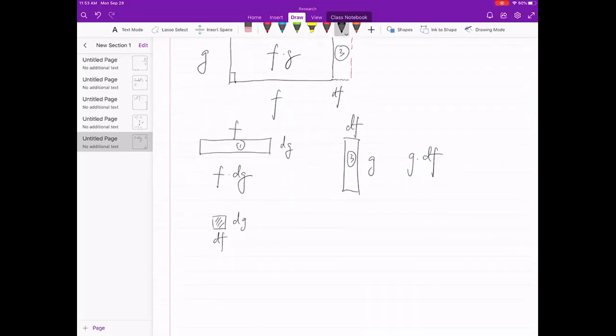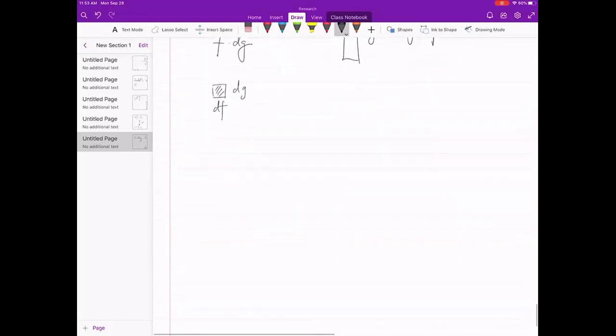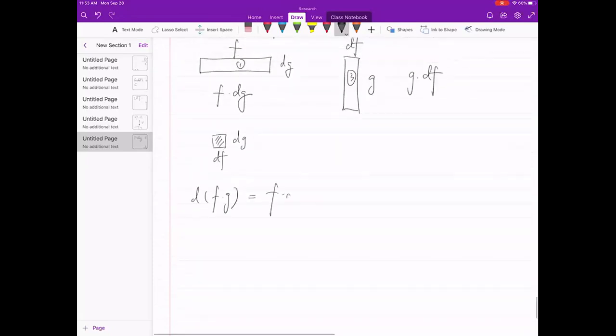Still okay? So by simple area, we have d(f times g), the change of f times g, equals area 1 plus area 2 plus the last small little square.